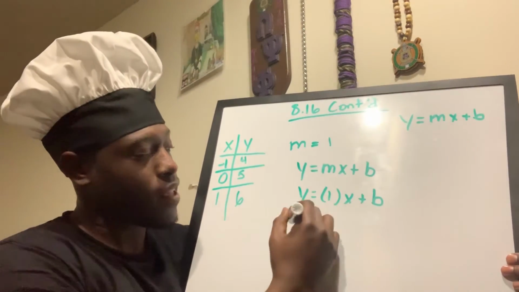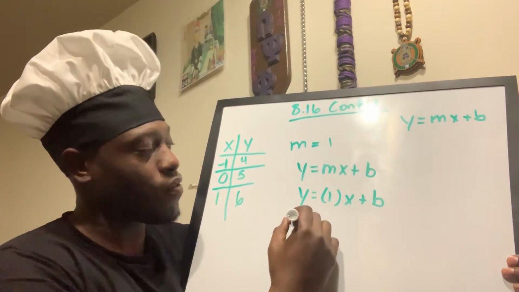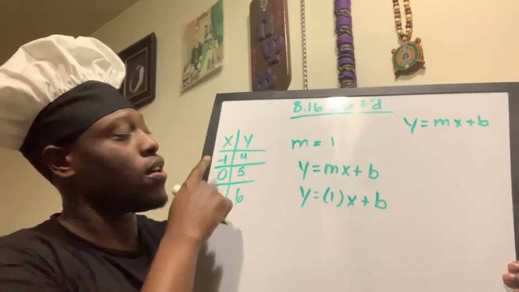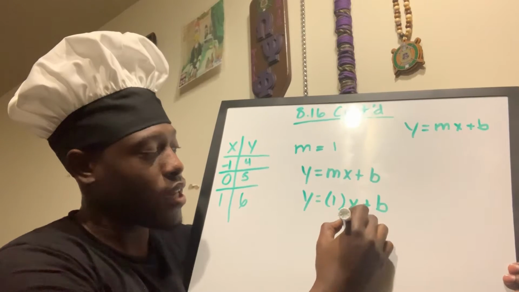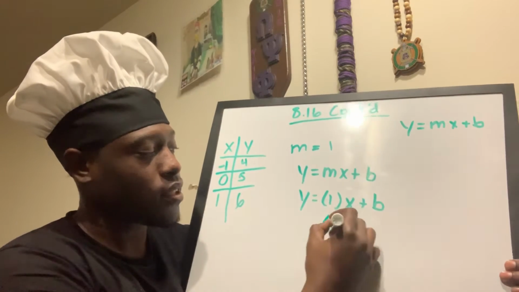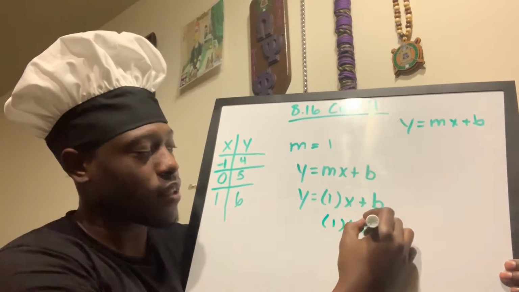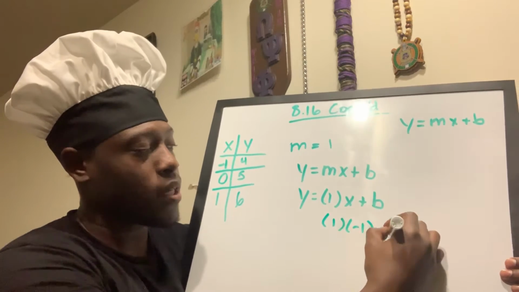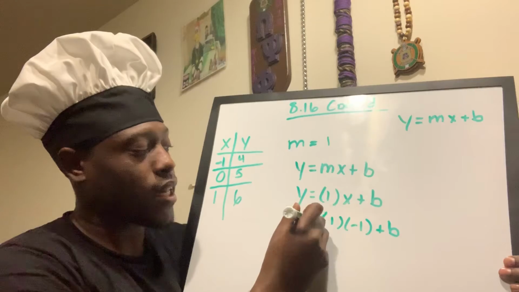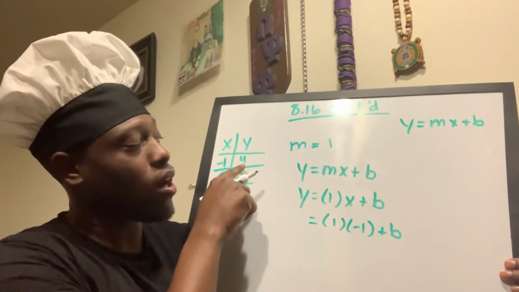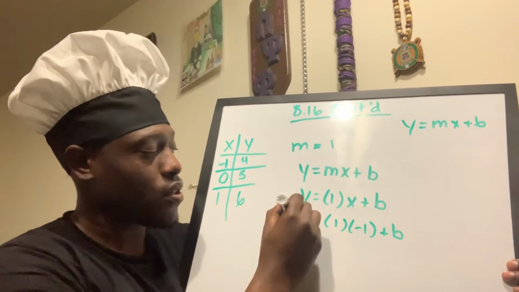So I'm going to choose -1 and 4. For my x, I'm just going to plug in -1 here, and we're still going to keep our parentheses just to separate everything, plus b. We don't know what b is. That's what we're trying to find. Bring down your equal sign, and your y is going to be 4.